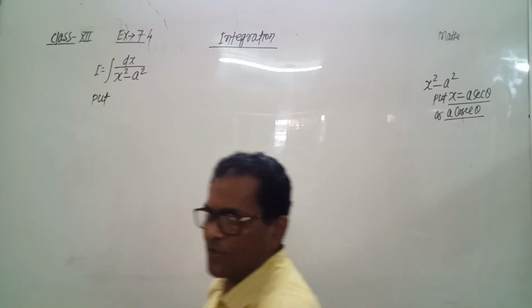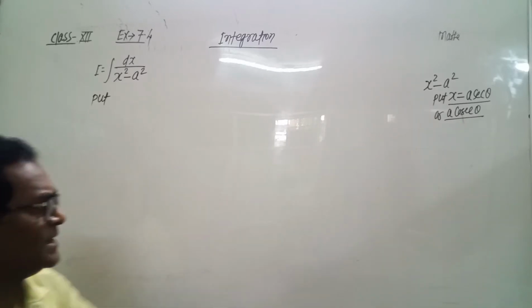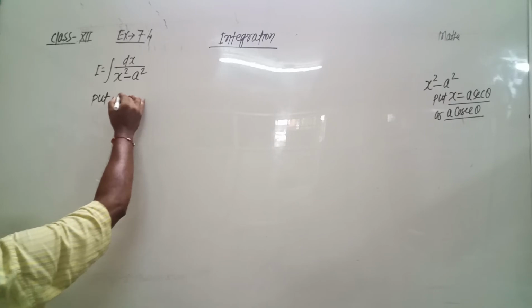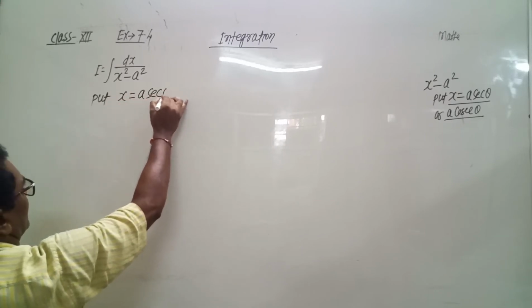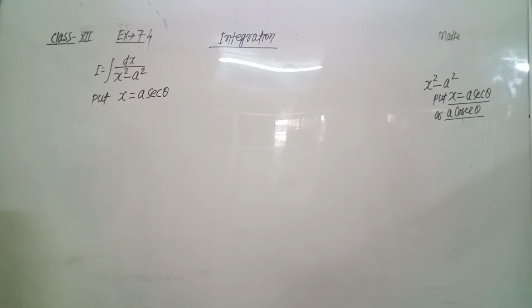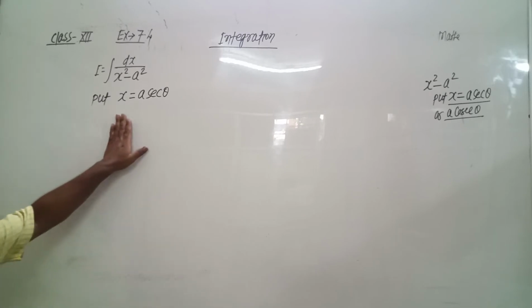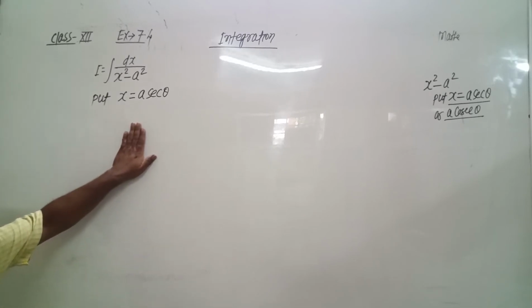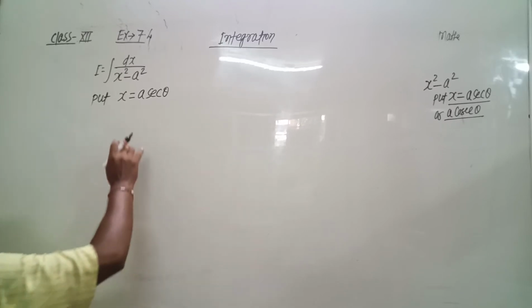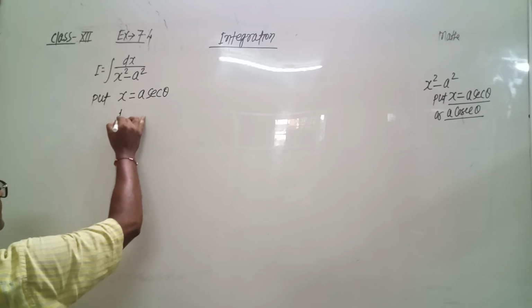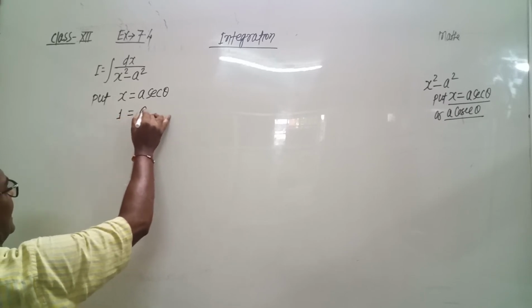So this is the form x square minus a square. So we put x equals a sec theta, and we differentiate both sides with respect to x. So differentiation of x is 1, and a as it is.